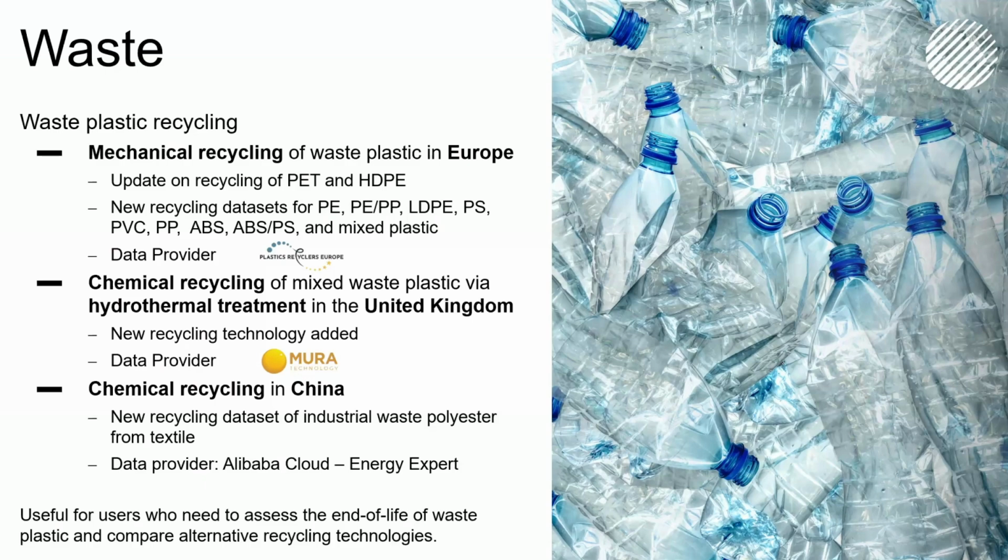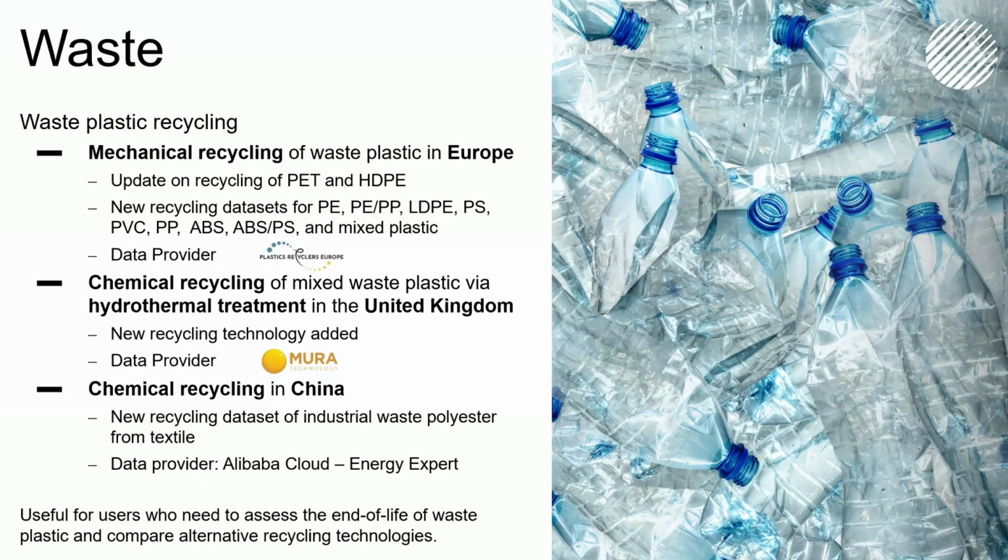A similar technology of chemical recycling was also added in the geography of China. The process deals with waste polyester sourced from industrial activities of textile production, and it is chemically treated into polyethylene terephthalate pellets. The technology of chemical recycling is still not well established across the world, as it is mainly performed in pilot scale projects.